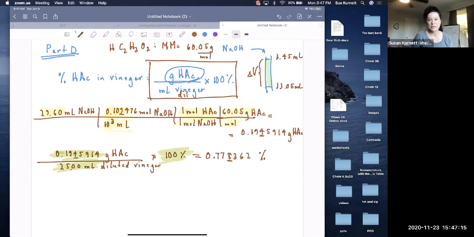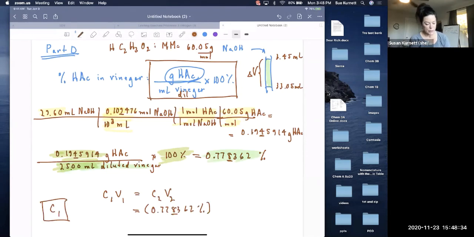But that was the diluted solution. And so now I have to take care of the factor that I diluted. The concentration is the grams over the milliliters, and the milliliters were 25 milliliters.